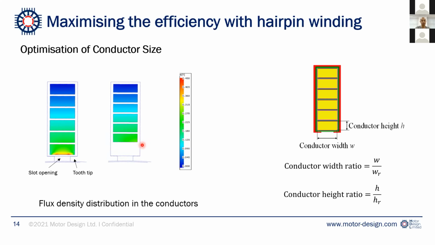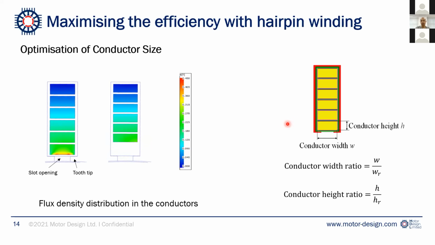That means the AC loss will reduce significantly. But on the other hand, the DC loss will increase significantly. So this is another trade-off between the DC and AC losses when we design this hairpin winding.